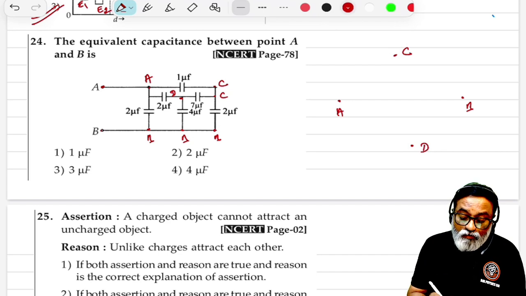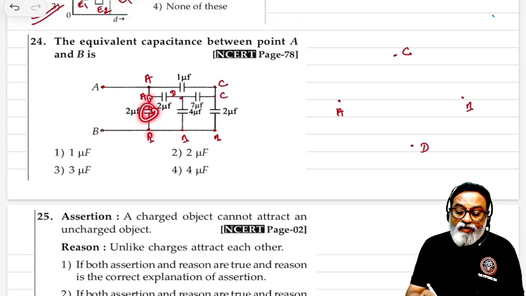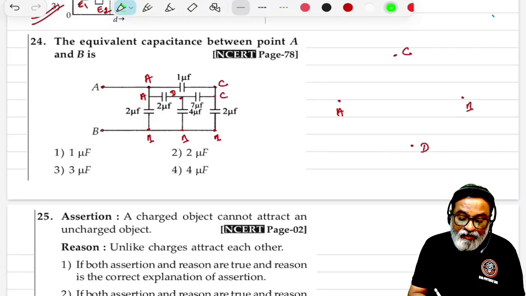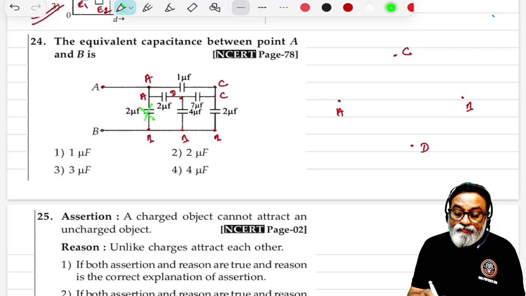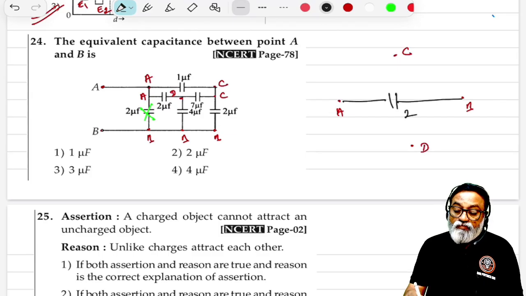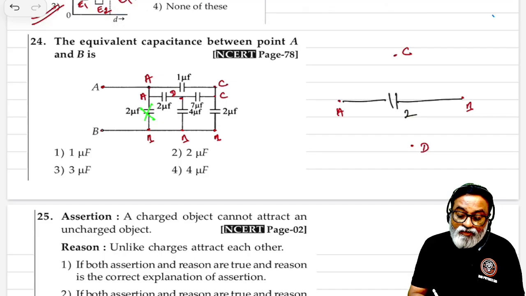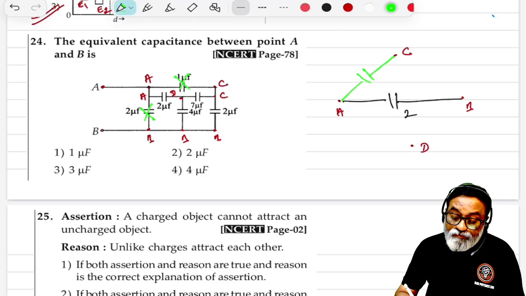Here also A. Now, this capacitor is in between A and B. Therefore, remove it from here and connect that capacitor in between A and B, that is 2. After that, this one is in between A and C, another capacitor, that is 1.